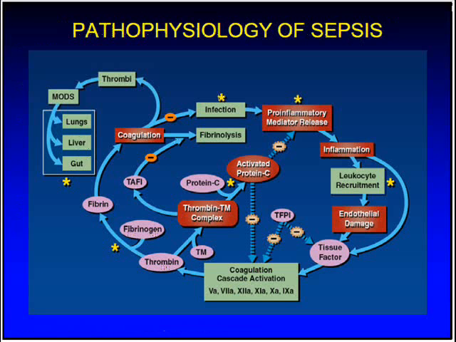The pathophysiology of sepsis is quite complex. This figure illustrates the interplay between the infectious process, inflammatory response, and the subsequent vascular and hemodynamic changes that result from the release of cytokines and the activation of the coagulation pathway.